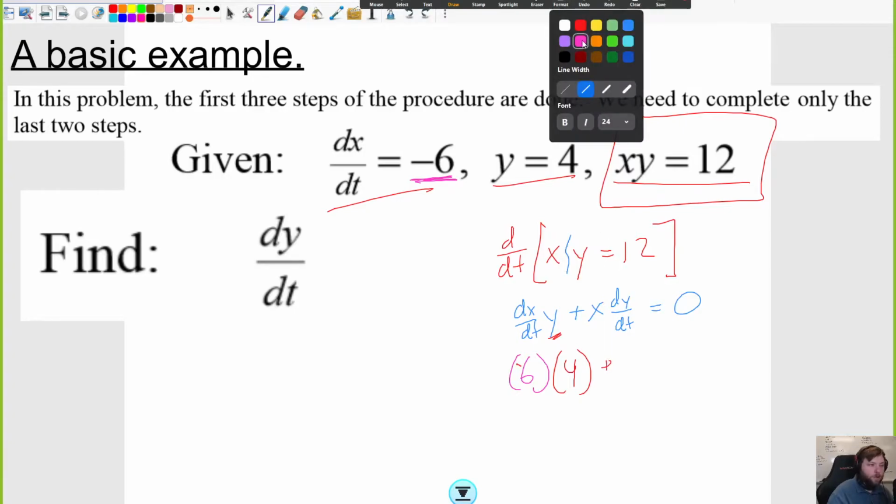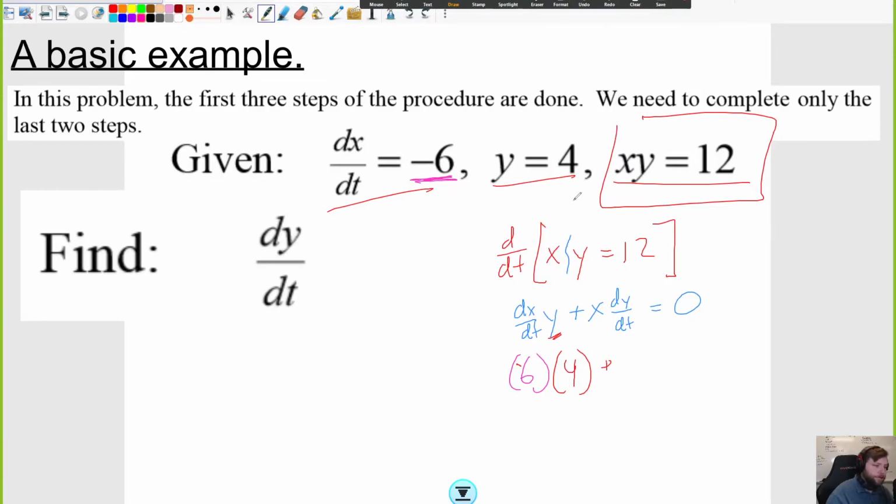I don't know x. However, this is the part where I can use equations to figure that out. If y equals 4 and x times y equals 12, x has to equal 3. I can plug in a 3, and then I don't know my dy dt, so I just write dy dt equals 0. Now that I've plugged things in, I can solve for dy dt.